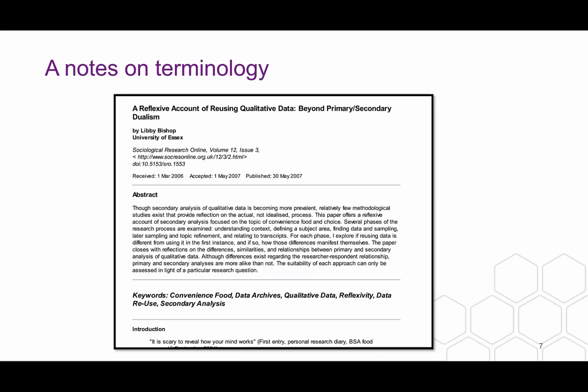Basically, she was making the argument that there may be a privileging of methods where you go out and collect data yourself, and using terms like secondary analysis or secondary data reinforces that hierarchy. But actually, primary and secondary analysis are a lot more similar than different if you fully consider the key methodological issues of secondary analysis as a method.